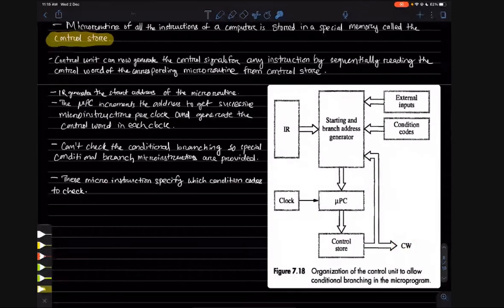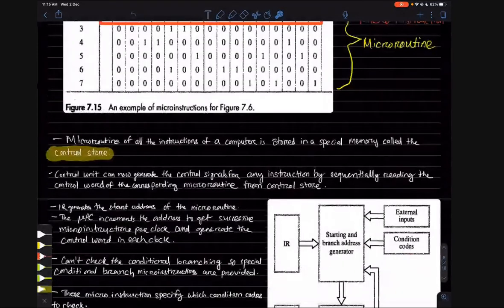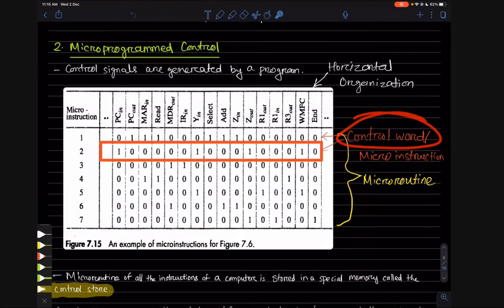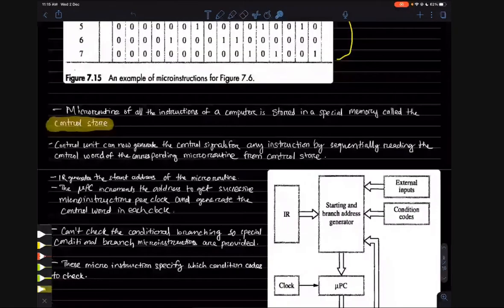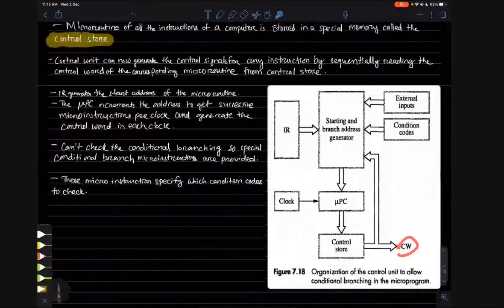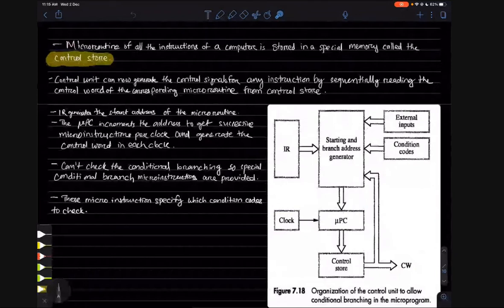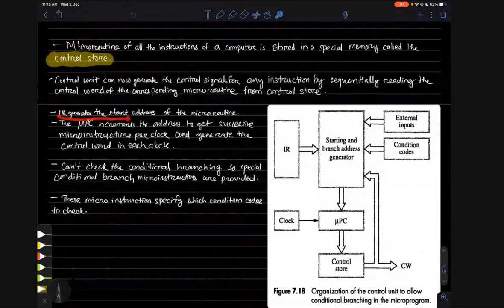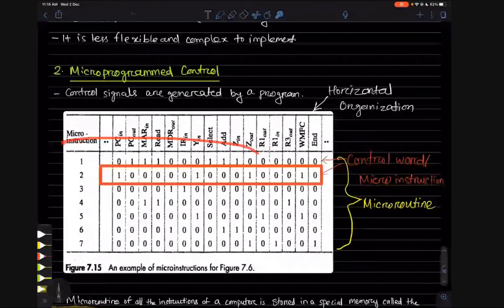That signal is CW. CW is control word. I have told you what a control word is: it is this row, or the micro instruction. It will keep on generating micro instructions one by one for every clock cycle. The IR generates the start address of the micro routine. So from the IR we will get the starting of the micro routine, the place where this micro routine is located.